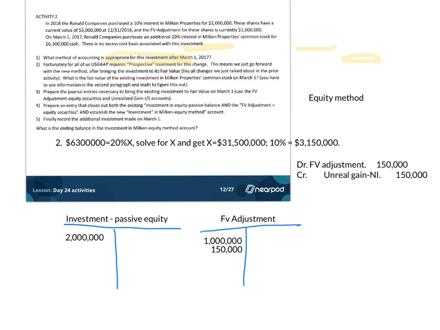Now we're looking at number 4, prepare an entry that closes out both the existing investment account and records a new investment account. All right, so I'm going to need another T account. I'm actually not going to write out this journal entry because you are definitely able to do this one yourself.